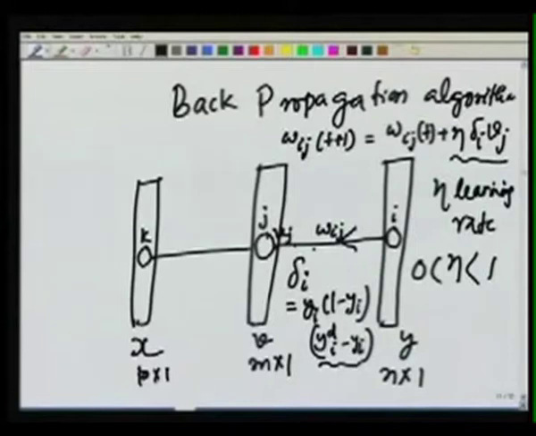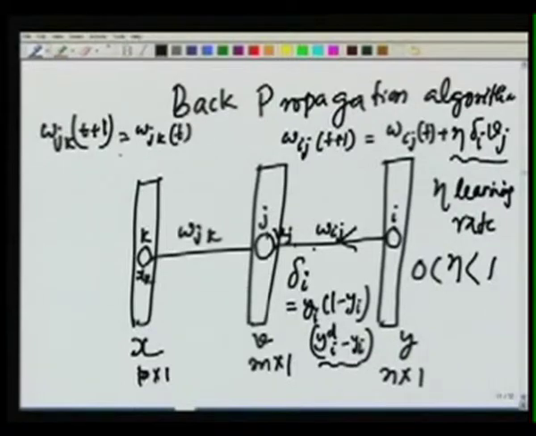This weight, wjk by the convention we have already discussed, has xk as its input, and the output of this unit is vj. The weight update law is wjk at t plus 1 is wjk at t plus eta delta j into xk. You see that this and this have the same form. That is why this is called the delta rule.